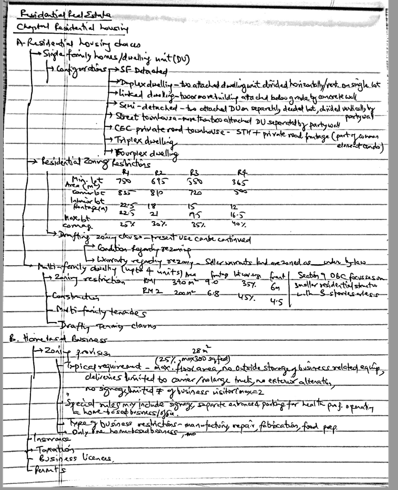So there's a typical requirement that the zoning will allow a maximum floor area of, let's say, 25% of the dwelling unit, no outside storage of business-related equipment, deliveries limited to courier and related services, no large trucks, no exterior alteration, a limited number of business visitors to the home, no signage, and the number of employees limited to those persons who are permanent residents in the dwelling unit.